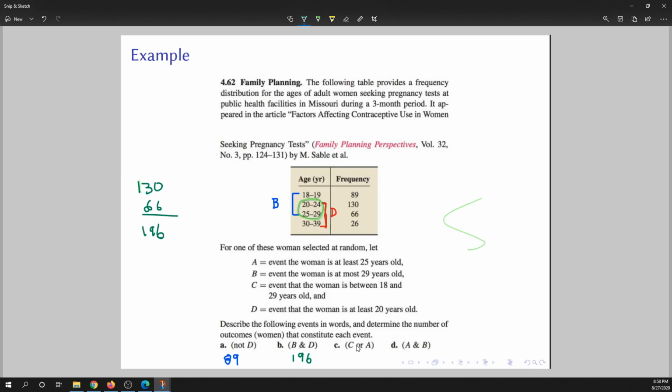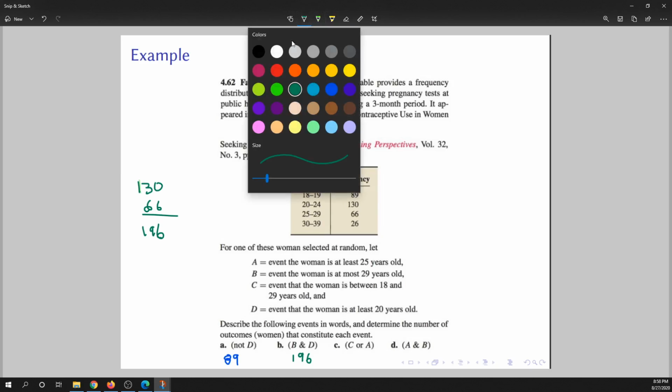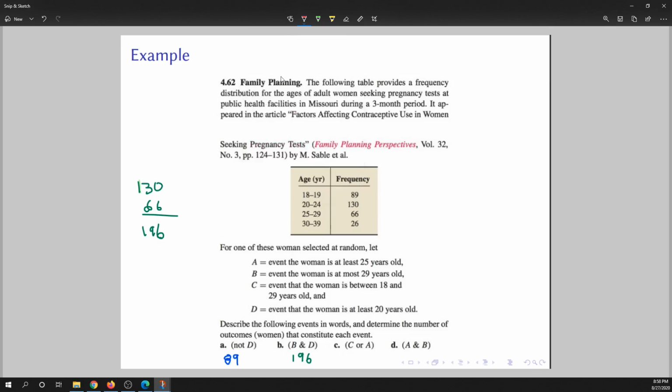All right, next up is C or A. And so let's erase these for now. All right, A is the event that the woman is at least 25, right?